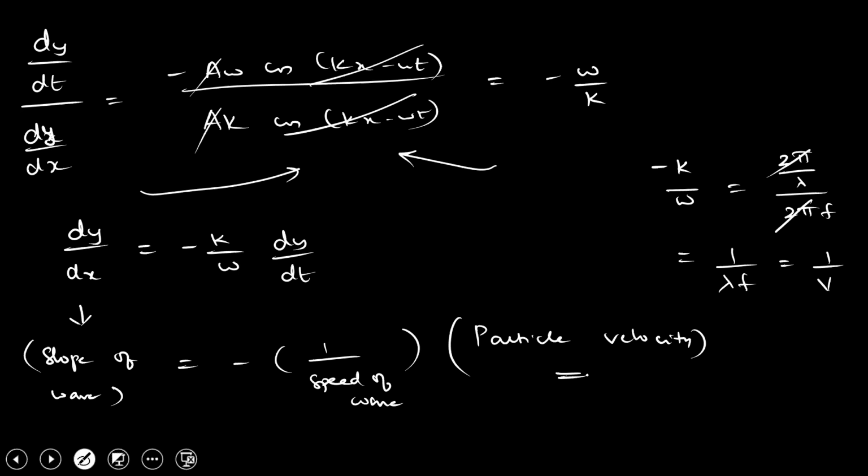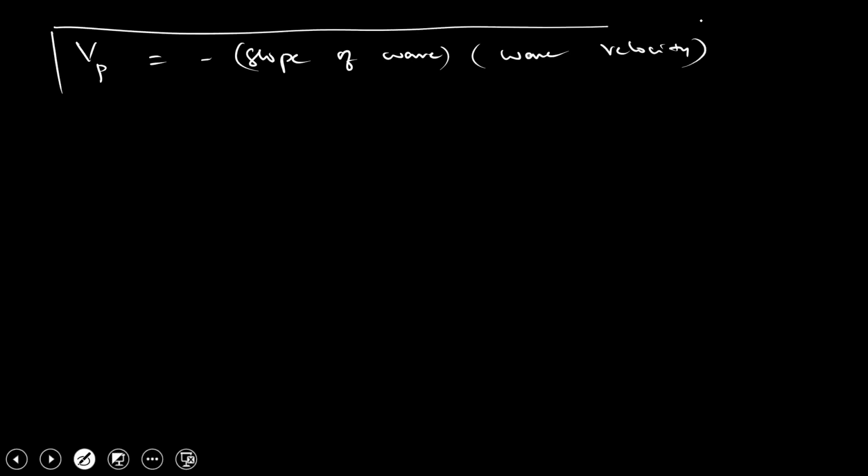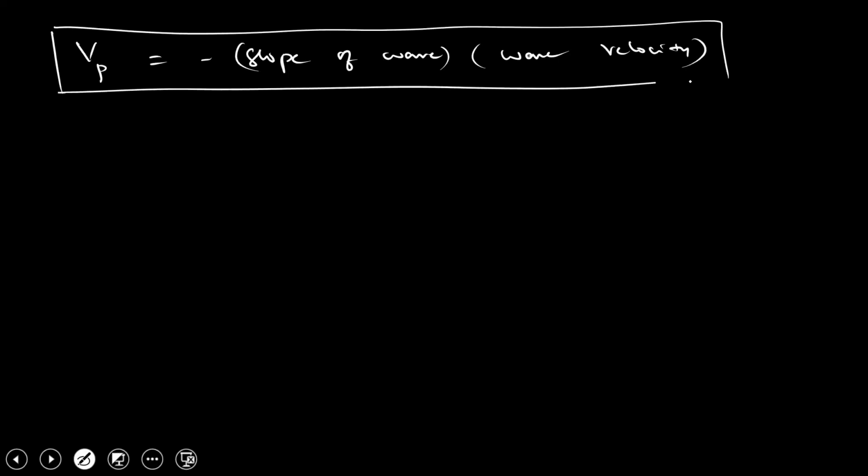If I rearrange it, particle velocity is equal to negative of slope of wave into wave velocity. So this is going to be another important expression that we need.